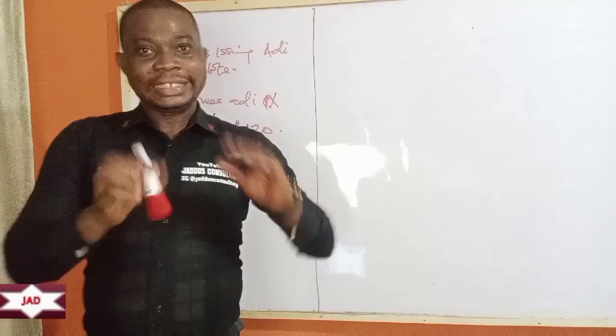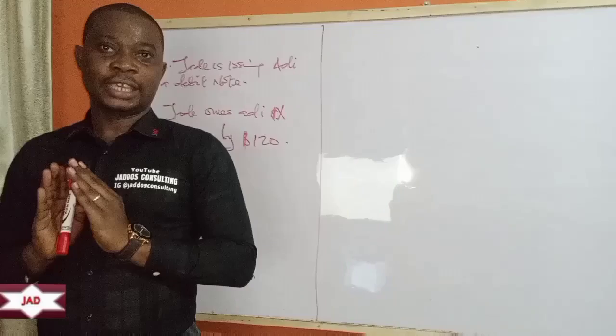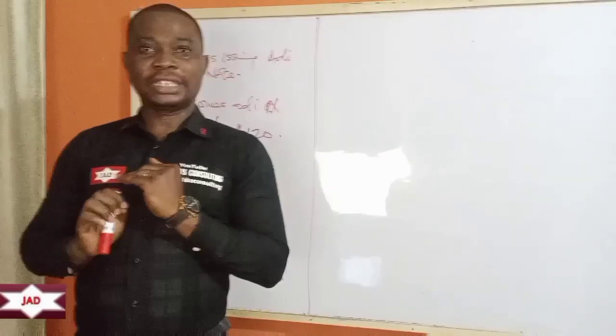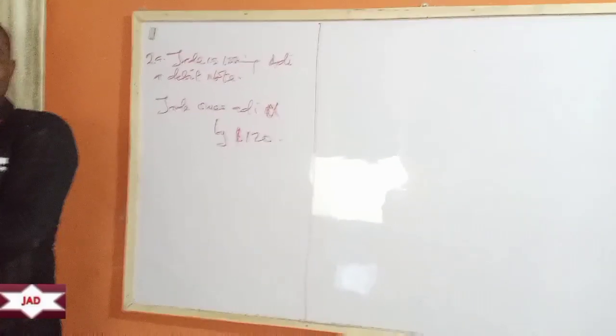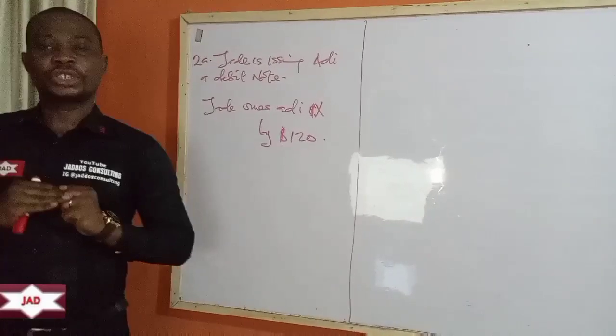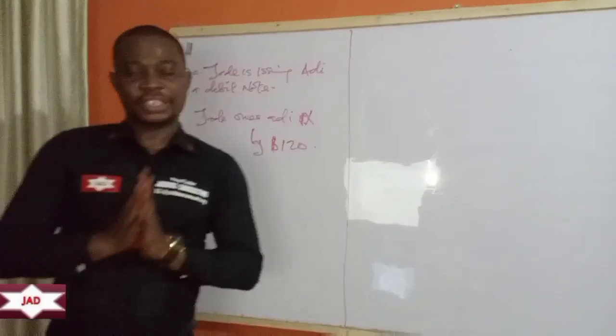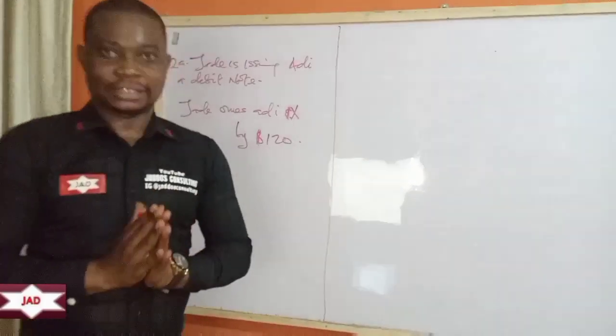So from Jade's perspective, Jade is issuing the debit note to reduce the credit of Adi. From Adi's perspective, he's receiving a debit note to reduce what Jade is owing him. So you have to understand that.